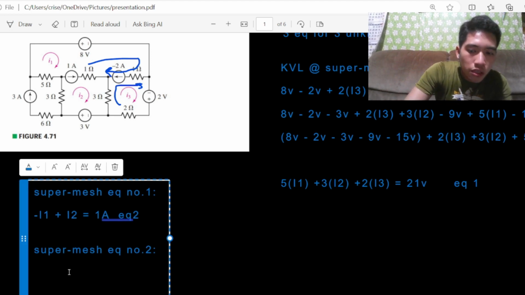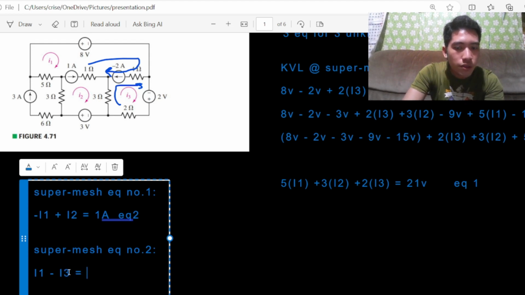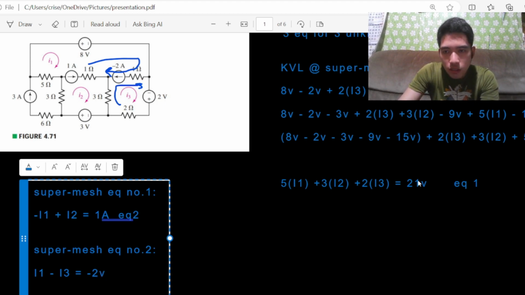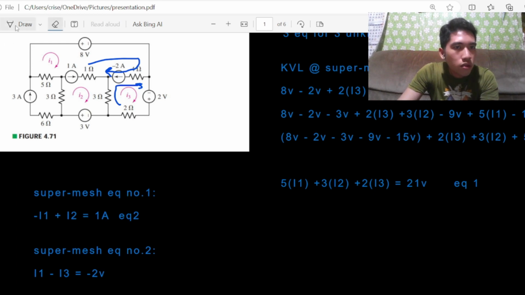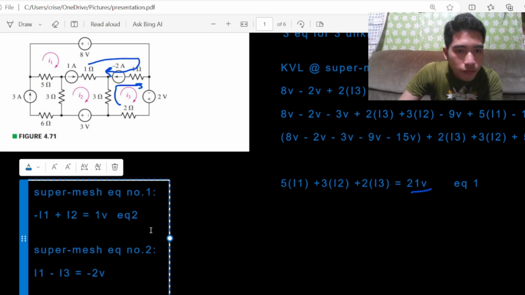So it's going to be positive I1 minus I3 equals to negative 2 amps. We could also write this as negative 2 volts since the value for this equation is in volts. So we'll write it as the unit of volt.